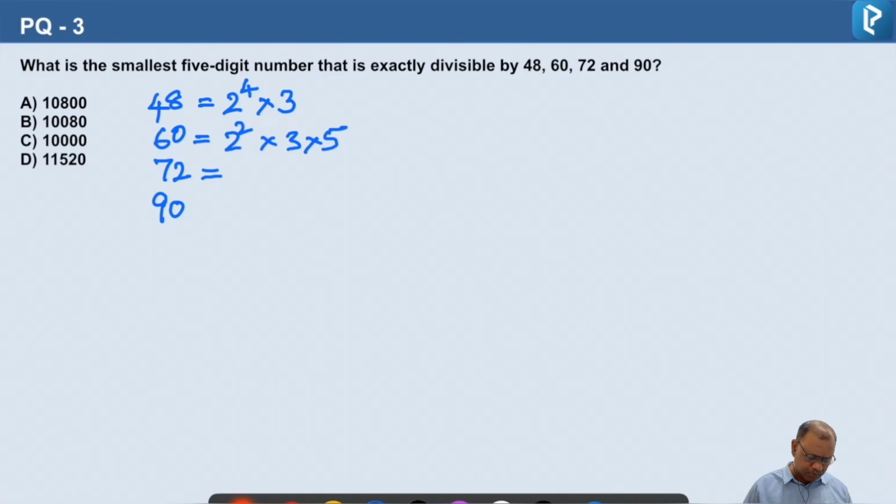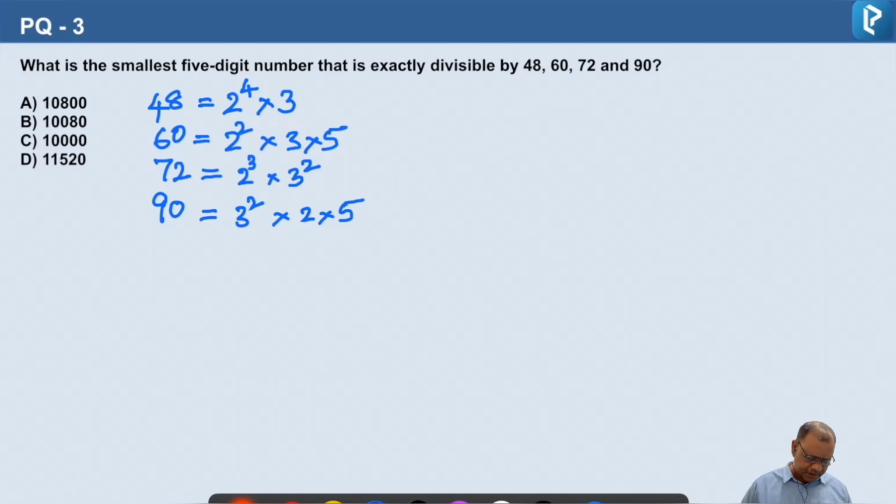Next 72. 72 is 36 twos, or 8 nines. 8 is 2 cube, 9 is 3 square. Then again 90. 9 into 10. 9 is 3 square. 10 is 2 into 5.